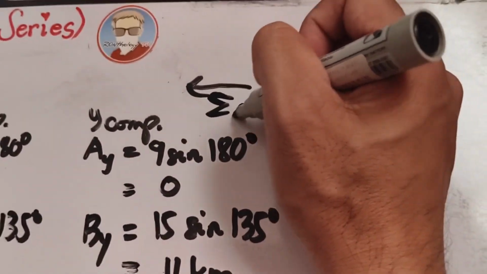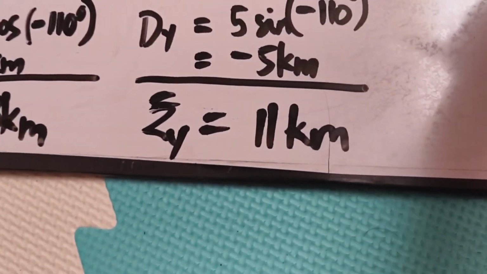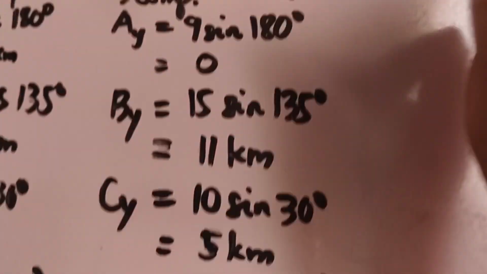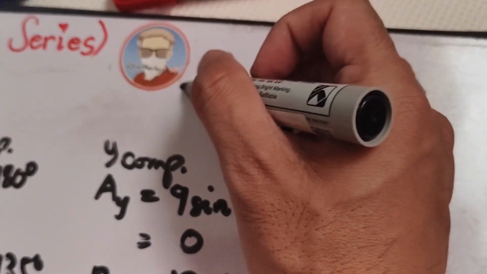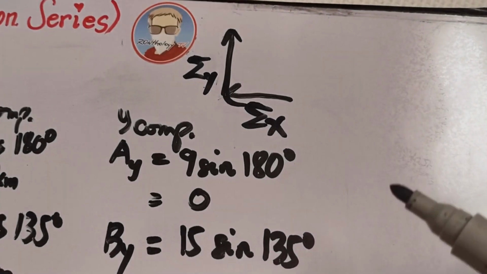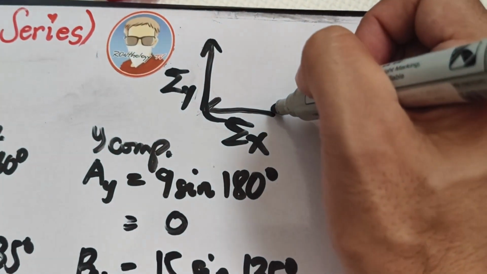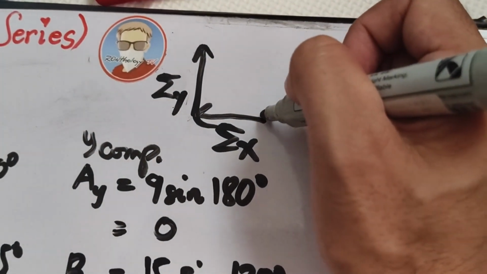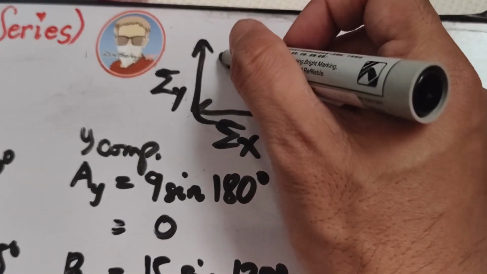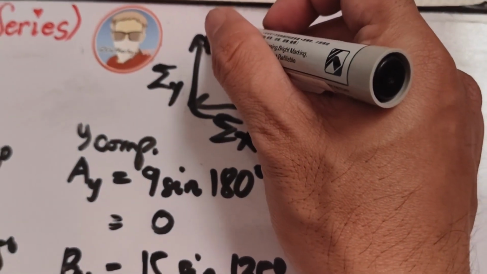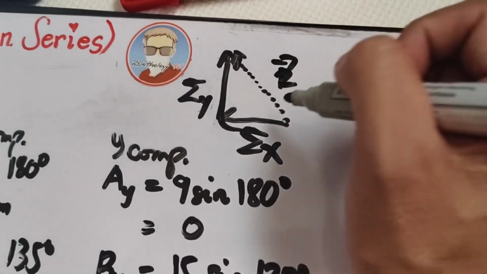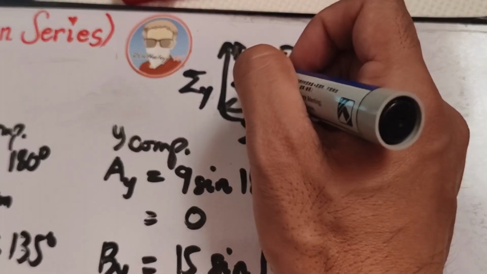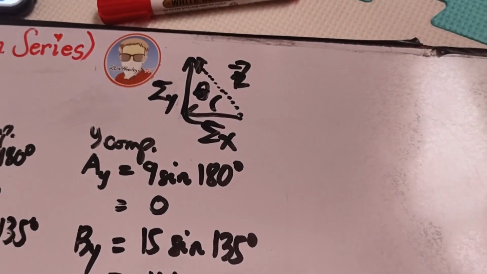So this is our summation of x, and since our summation of y is positive, then it is directed upwards. This is our summation of y, and therefore the resultant vector using the head to tail method will be from the tail of the first vector to the head of the last vector. So this is our resultant, and this is the angle of the resultant, theta.